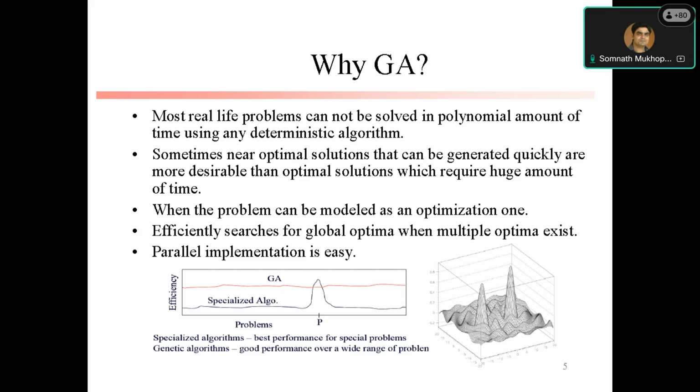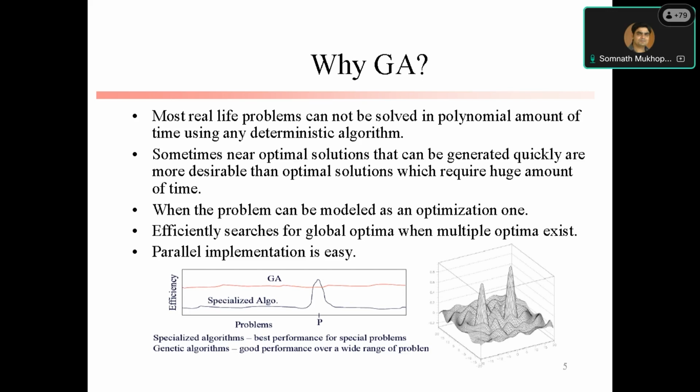So this GA can be used when the problem is NP-hard, which cannot be solved in polynomial time.